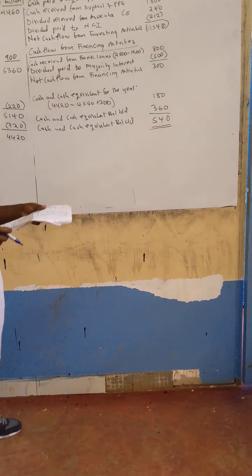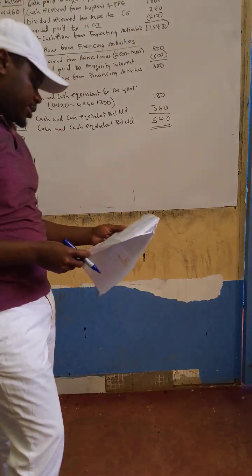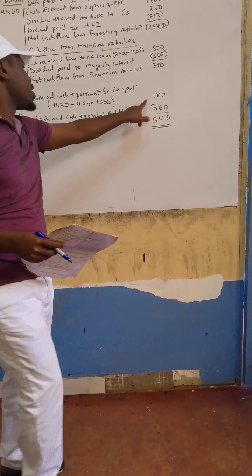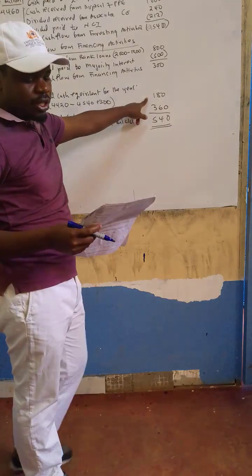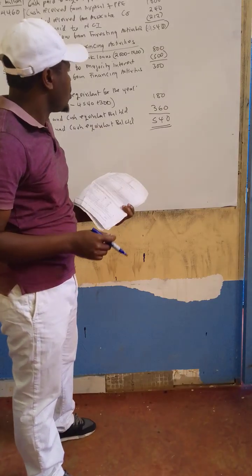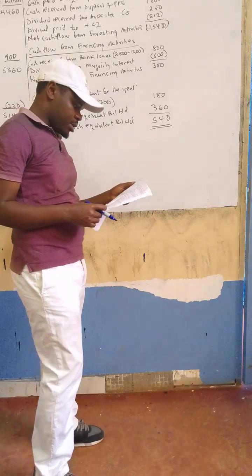So you can see we have got the answer, that is 20 marks, because our cash and cash equivalent for the year was 180, and the balance brought down was 360. If you add them, you get 540.